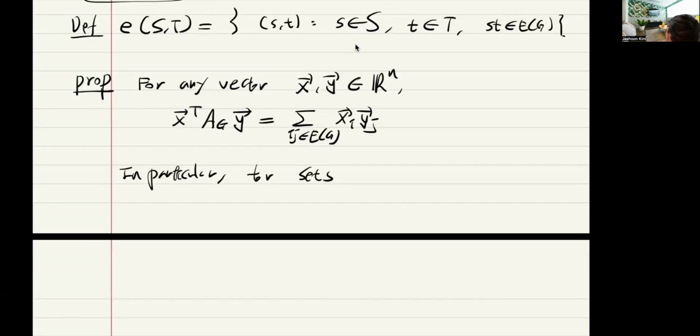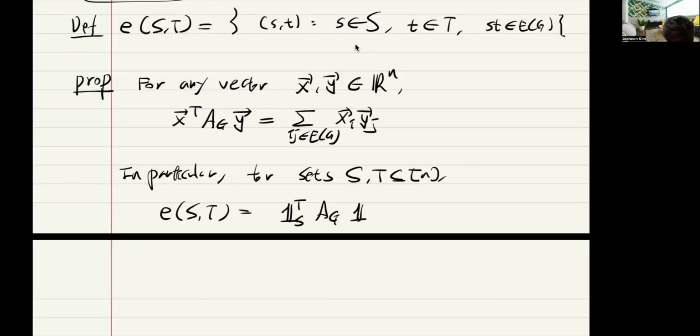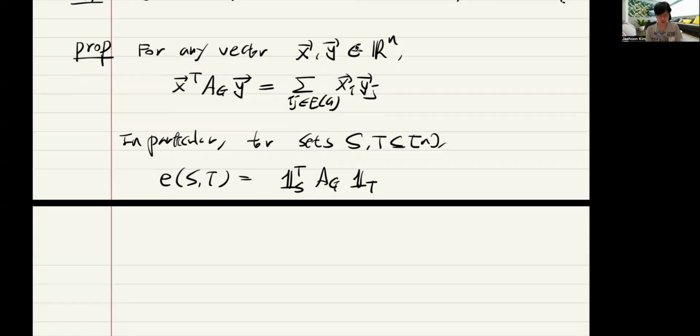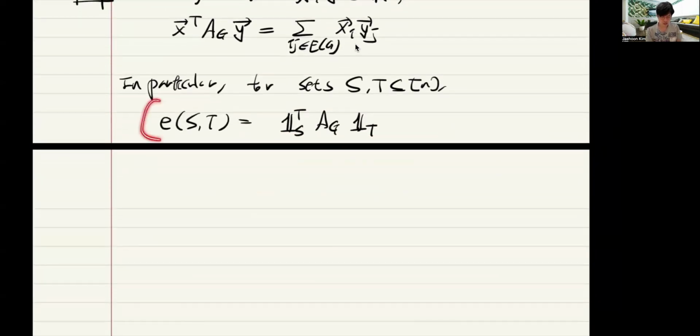In particular, for sets S and T, the number of edges between S and T is obtained by taking the characteristic vector for S and the characteristic vector for T, and then you take the transpose and multiply these three, and this gives you exactly this.